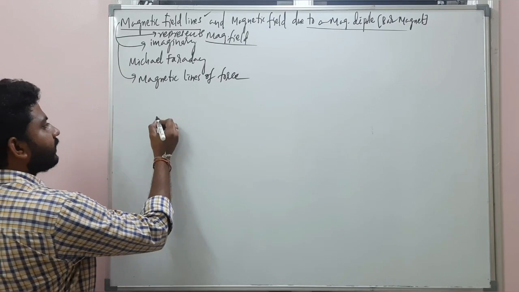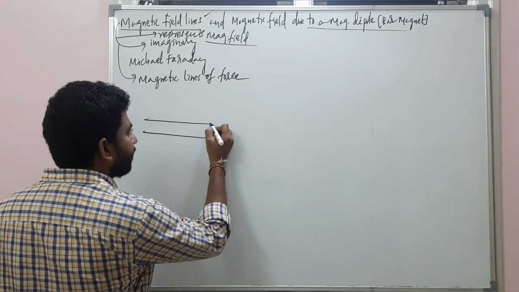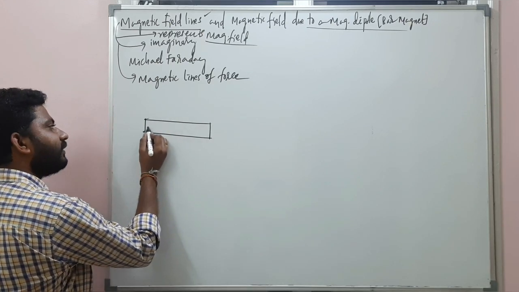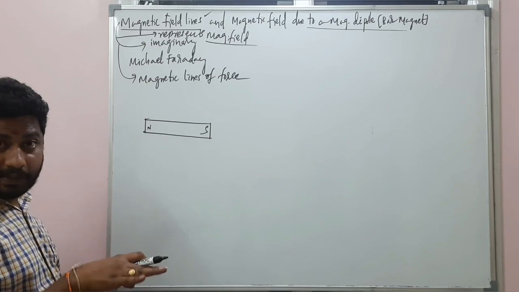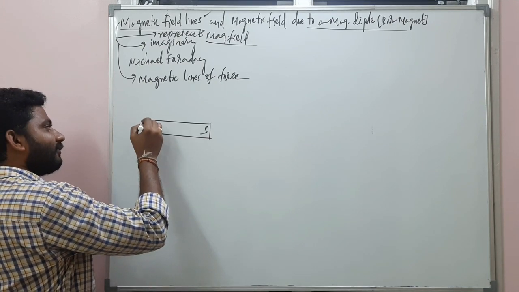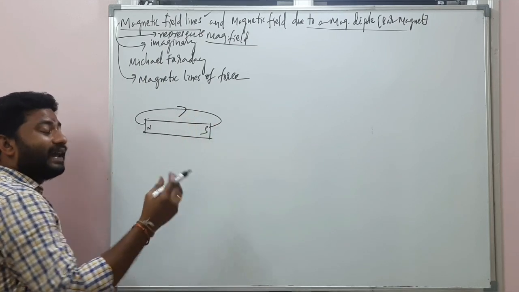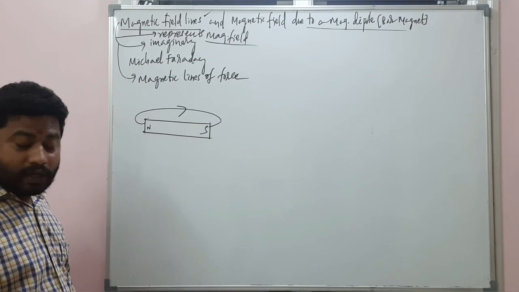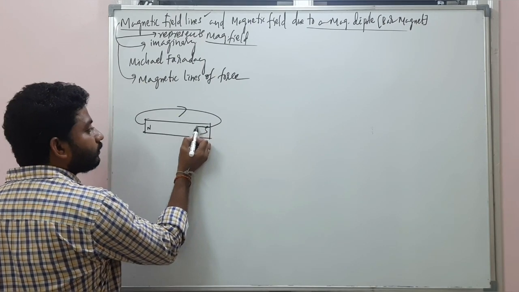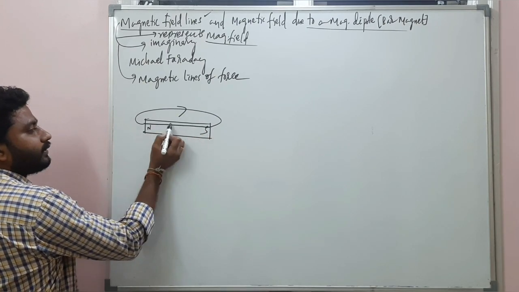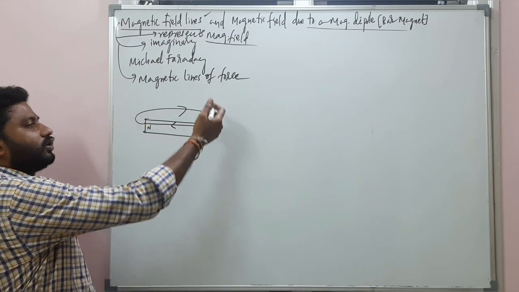Look at the interesting thing. Imagine you have a bar magnet which has a north pole and a south pole. In the last chapter we had discussed that from the north pole, outside the magnet, the magnetic field lines originate. At the south pole, they do not terminate; they start moving into the magnet in this way. See, outside the magnet, they move from north to south.